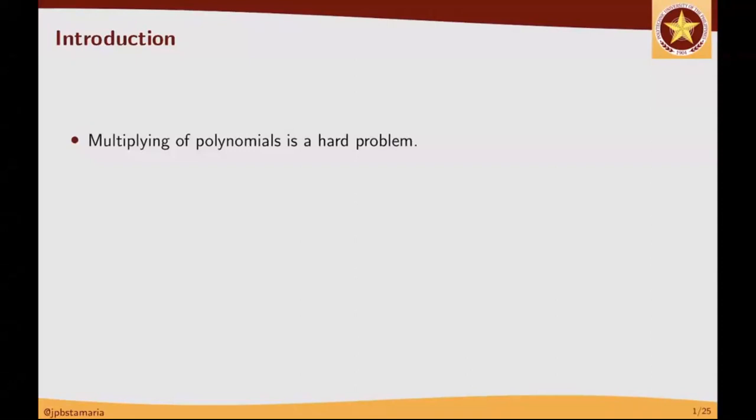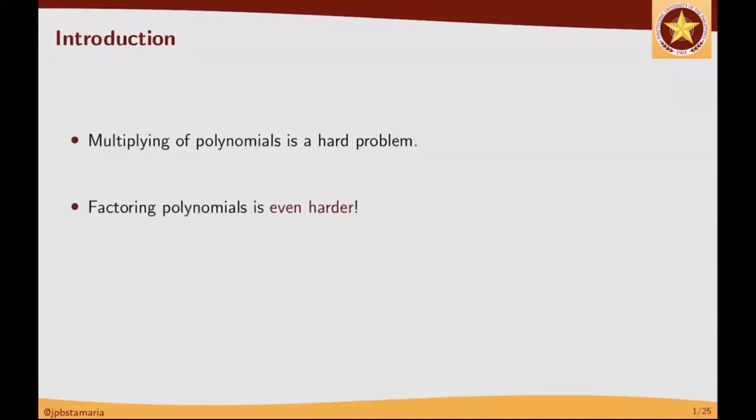Hindi madaling mag-multiply ng polynomials. Pero yung problem ng multiplying polynomials is systematic. Meron tayong step-by-step procedure. No? Pwede yung distributive property o yung method natin ng parang table, no? Kahit na hard siya, it's not that hard kasi meron tayong systematic na paraan.